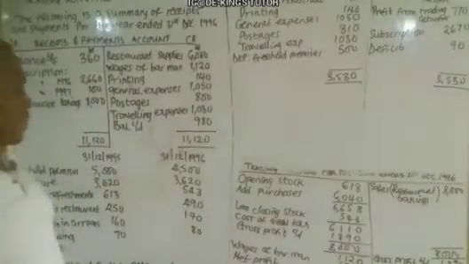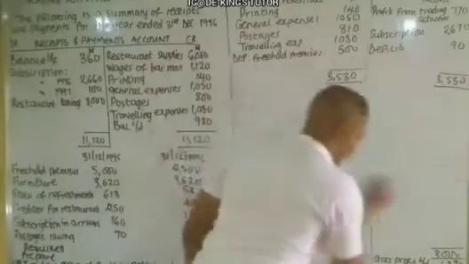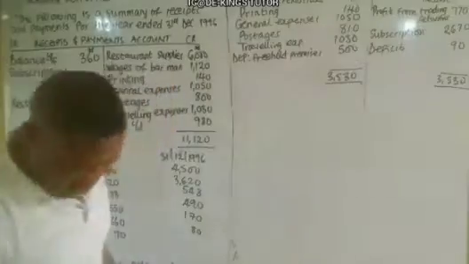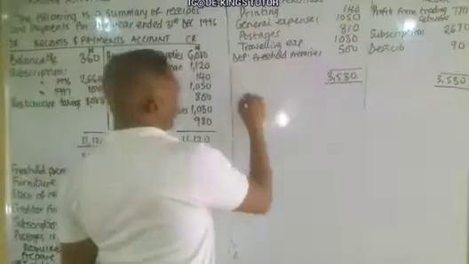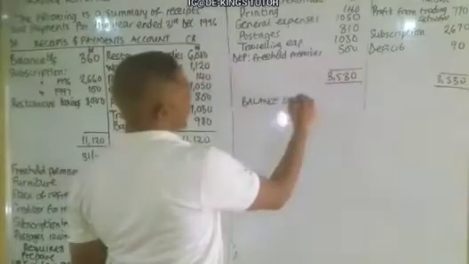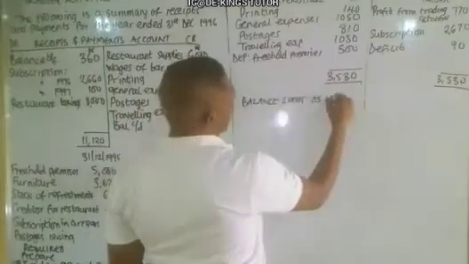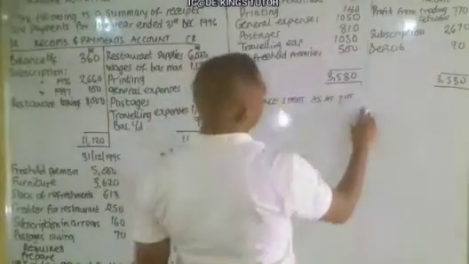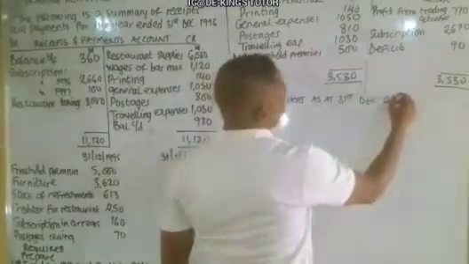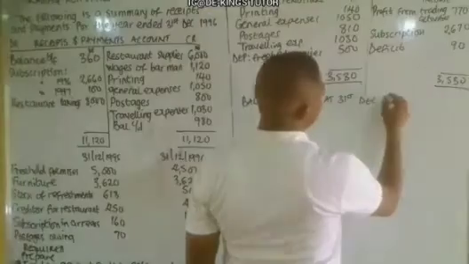So the last part is the balance sheet. Right. The balance sheet as at 31st December 1996.